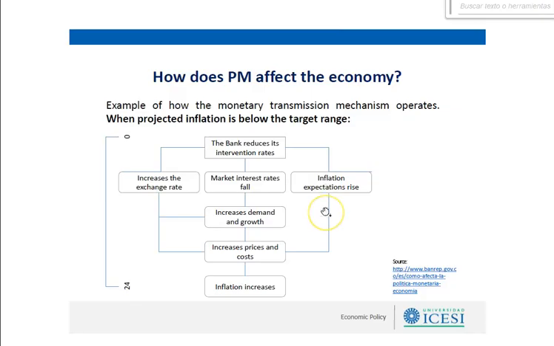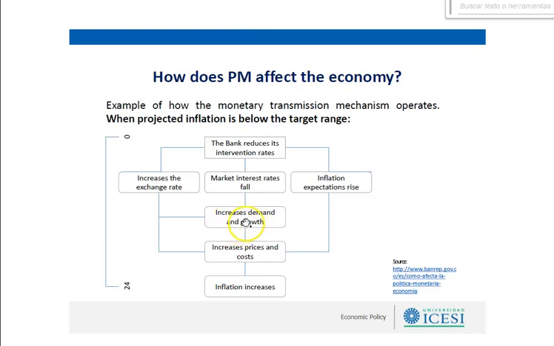And then, of course, if people expect that prices will increase, then prices will increase. It's like a self-fulfilling prophecy, right? And then inflation increases.